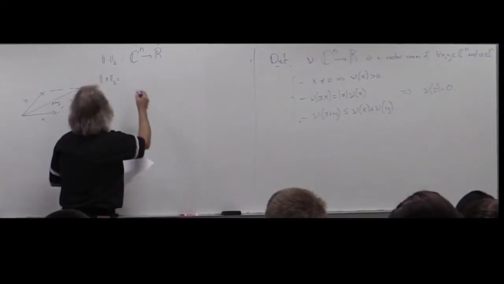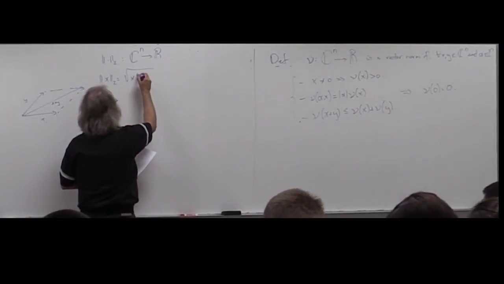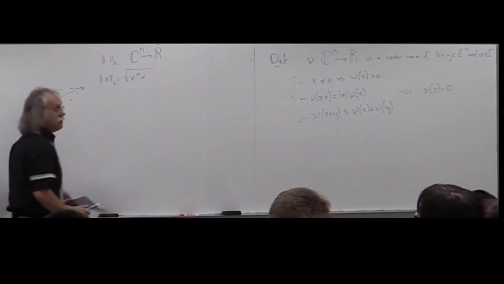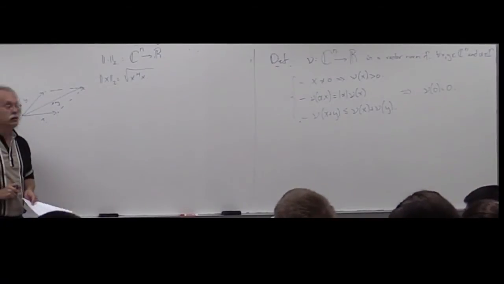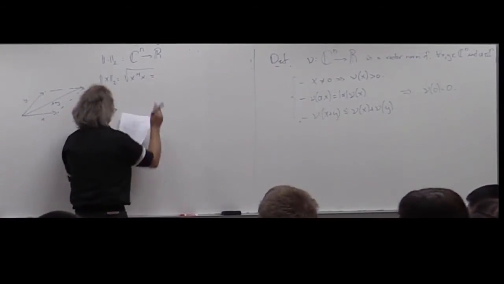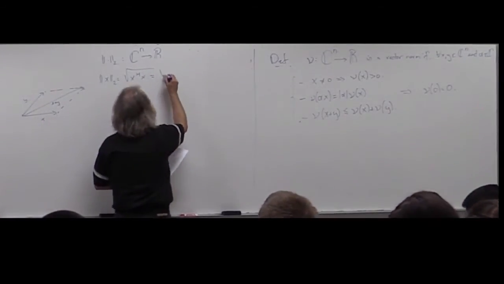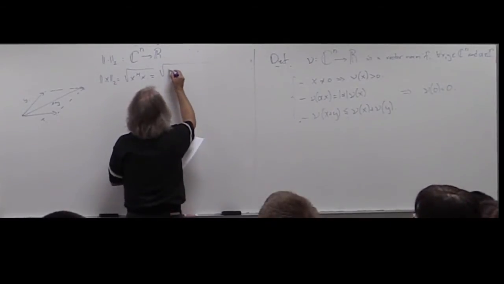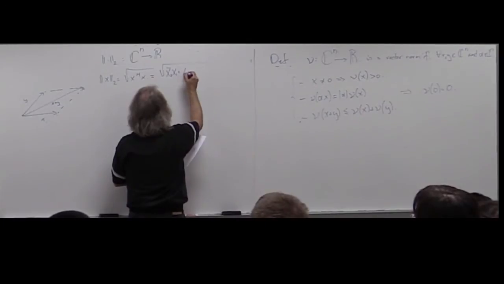You can write it as the square root of the dot product of x with itself. Or you can write it as the square root of the conjugate of each element times itself all added together.